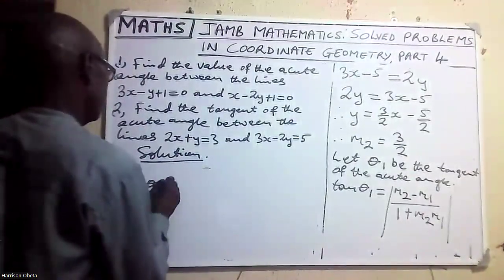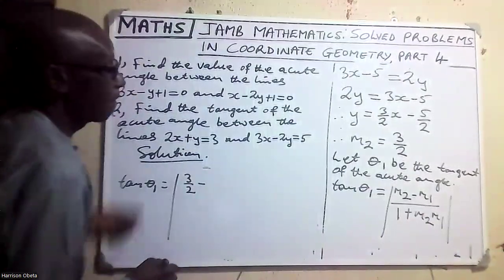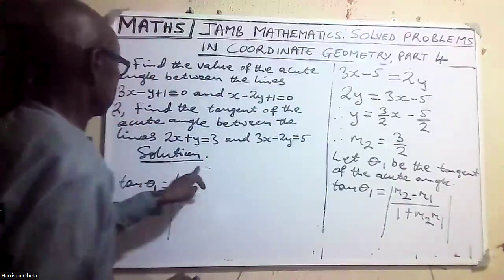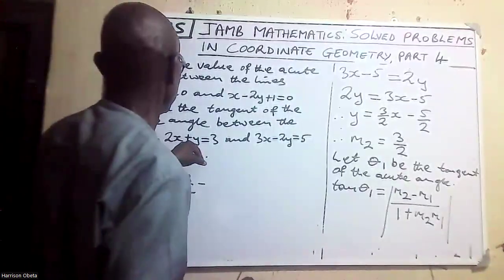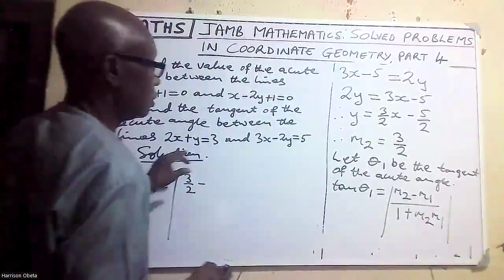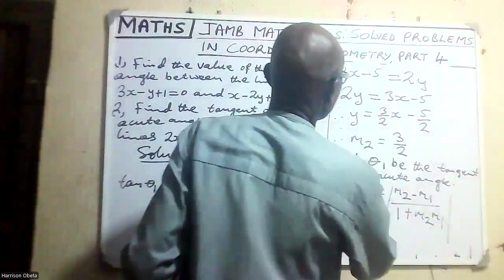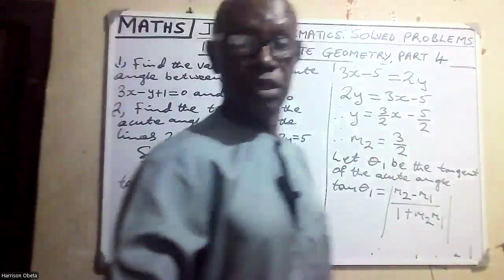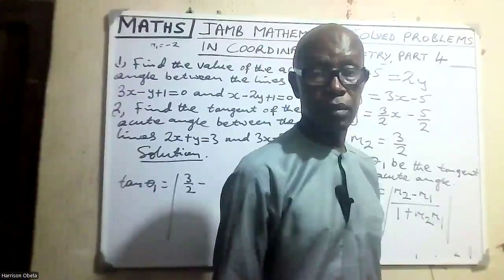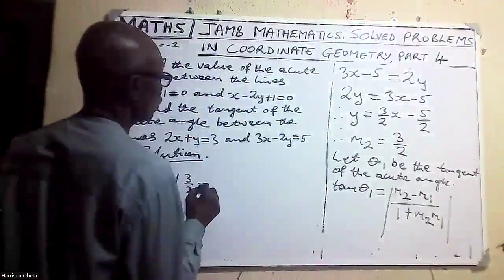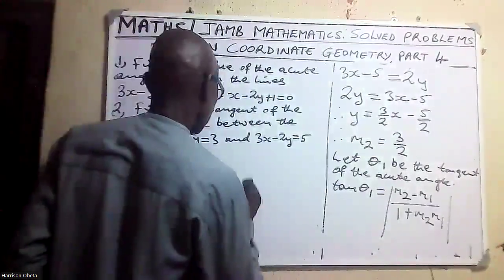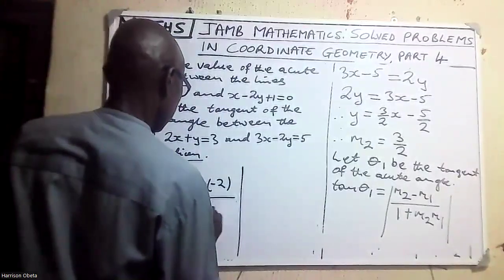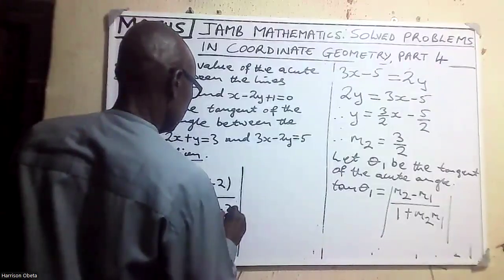So tan theta 1 is equal to 3 over 2 minus minus 2, all over 1 plus 3 over 2 times minus 2 over 1.